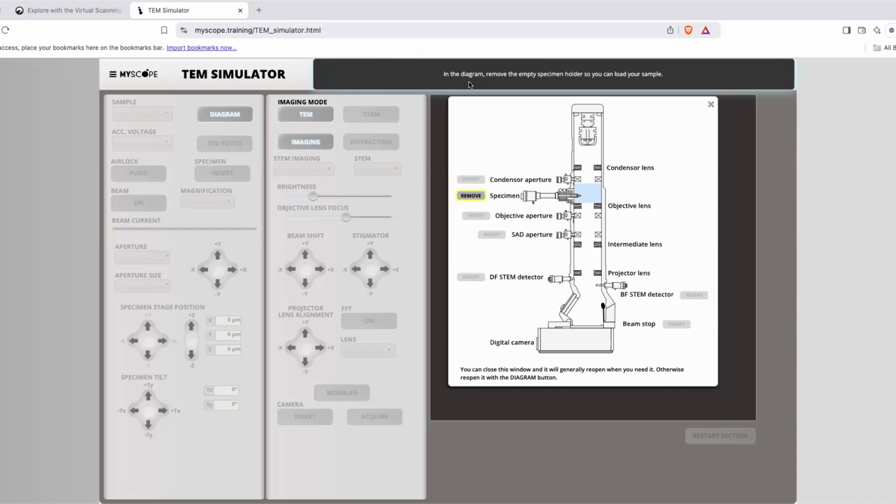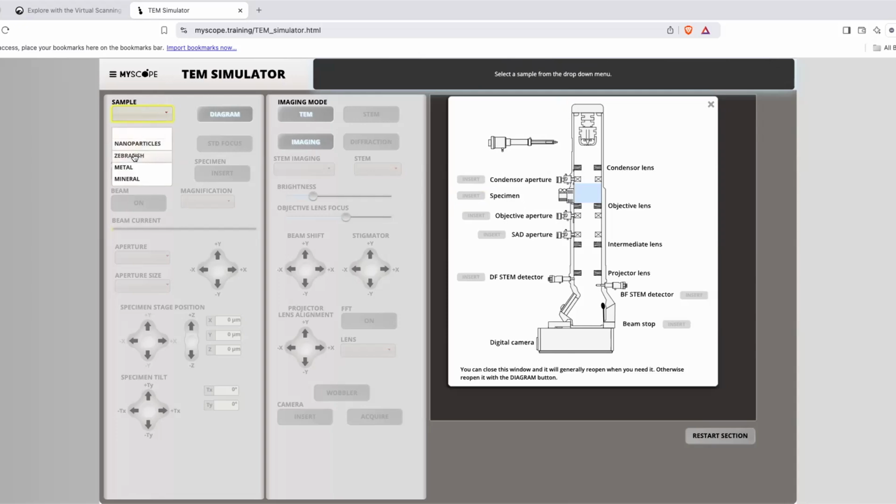So first, there is an instruction you see at the top. You have to first evacuate and remove this holder. You saw the holder is here. There is a tip of this holder where you insert the sample.